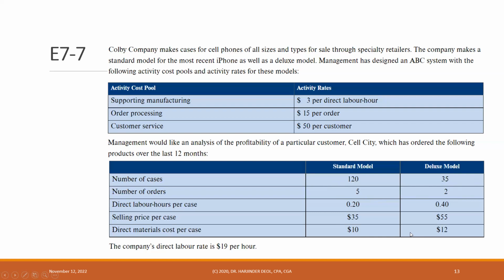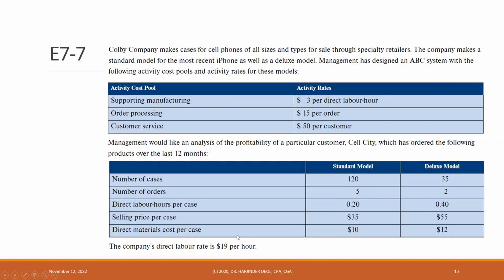So there's direct materials cost that we can see. We also need labor time to produce, and we've been given the amount of direct labor hours for each case. We can multiply the direct labor hours for each case with the number of cases sold to get the total direct labor hours, and then multiply that by $19 an hour to get the direct labor cost.